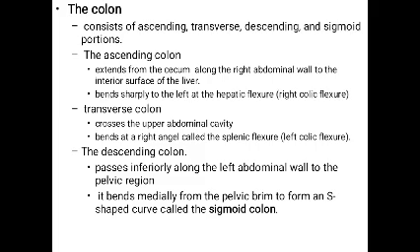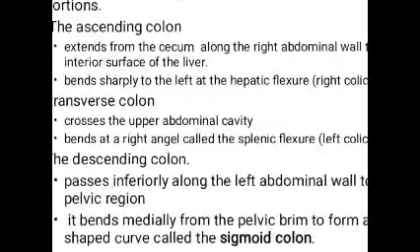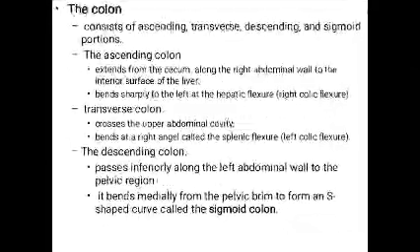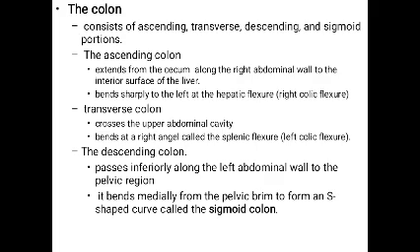The ascending colon extends from the cecum along the right abdominal wall to the anterior surface of the liver, bends sharply to the left at the hepatic flexure or right colic flexure.